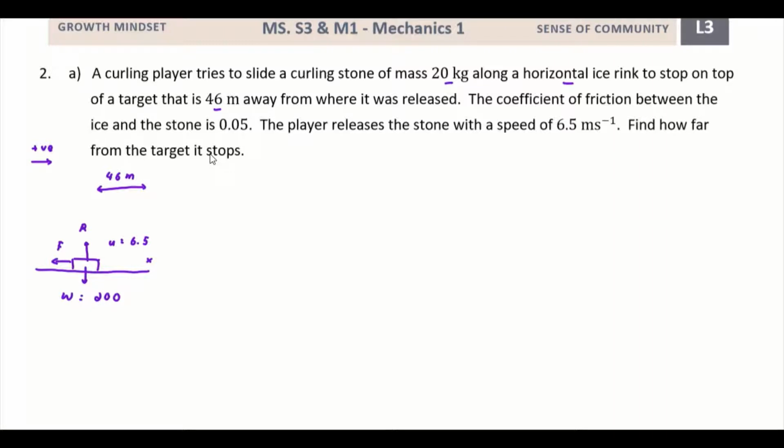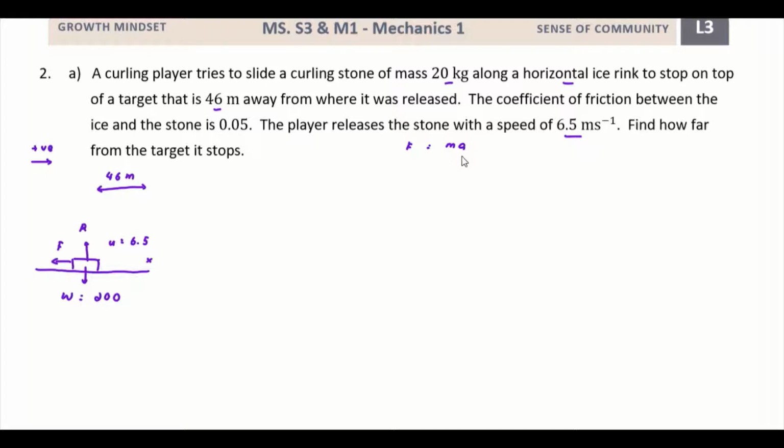You might have a question: then what is the impact of the force applied by this player? That's why we have this situation where they say the player releases the stone with a speed of 6.5 meters per second. Why is that so? Because the push applied by the player has its own F equals ma, am I right?